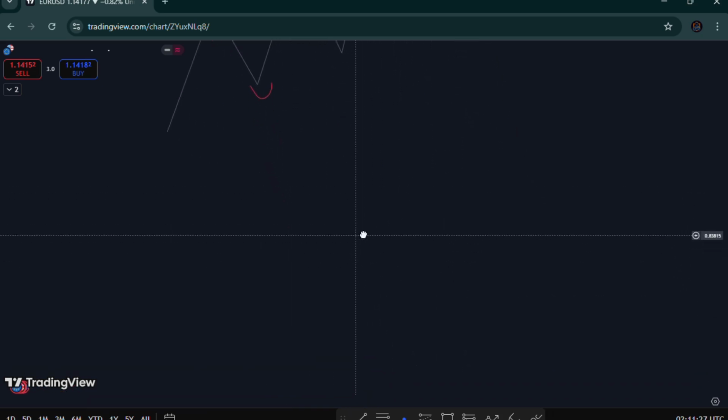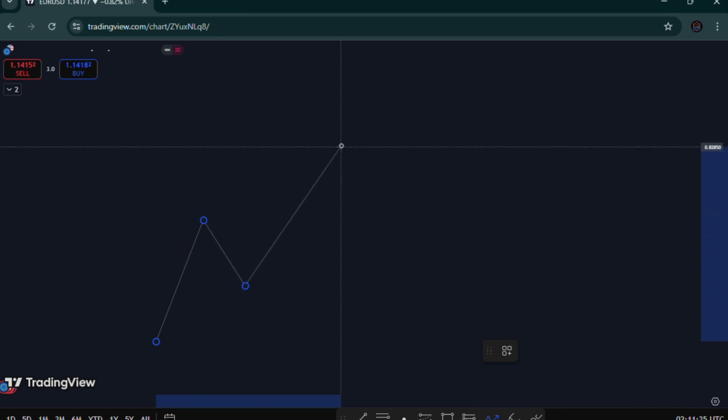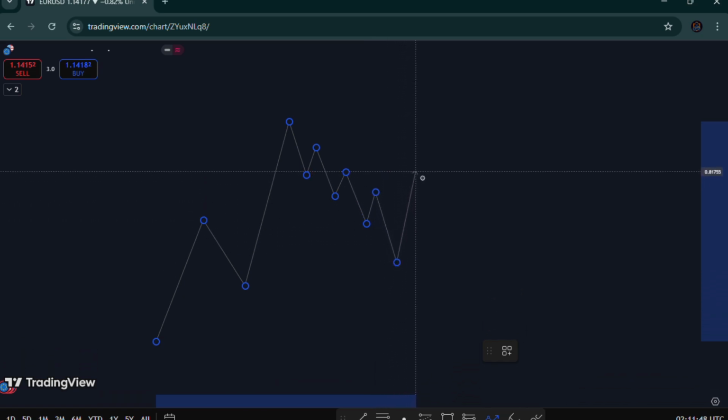Now, if we move into a more advanced concept of market structure, where price moves this way, we do see price make these moves. This is the type of market structure that we see on a regular basis.